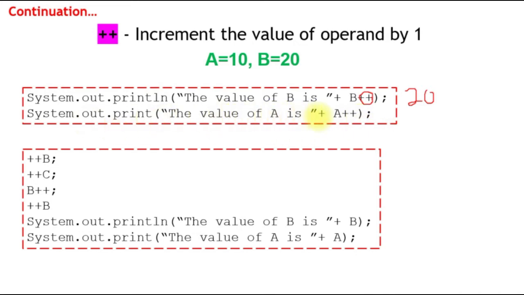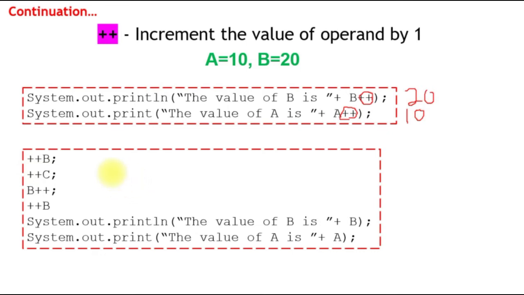Dito pa lang sa statement na to, ang value ng a is 10. Kahit na meron siyang plus plus. Saka lang yan magiging 11 kapag merong a sa baba. Okay? So, yun po yung pagkakaiba. Next natin. So, ano po sagot dito? The value of b is 20. The value of a is 10. Yun po ang sagot. Next code.